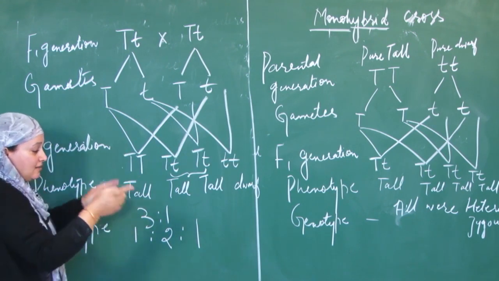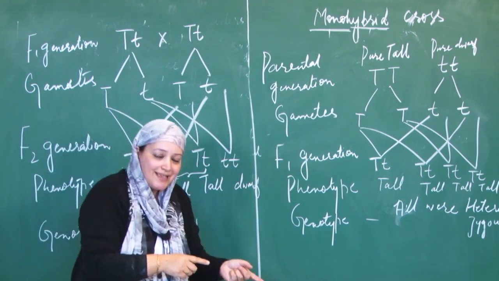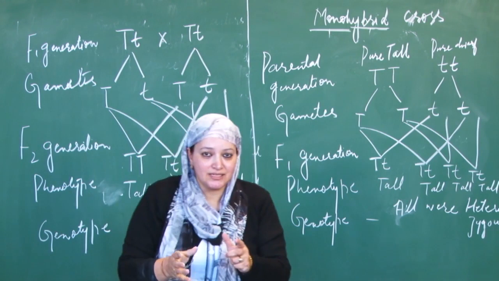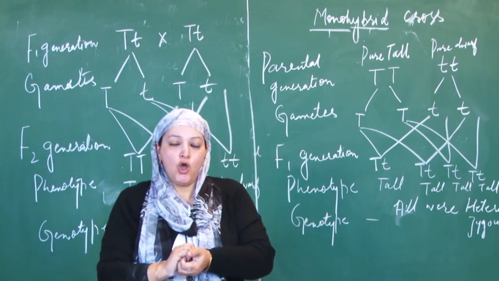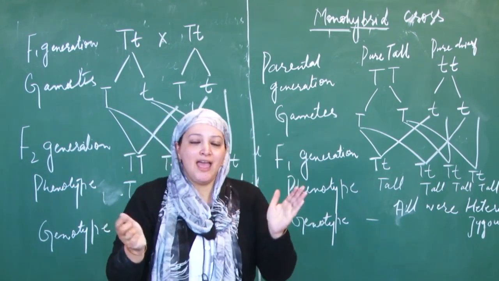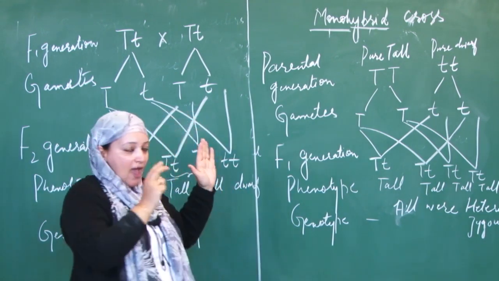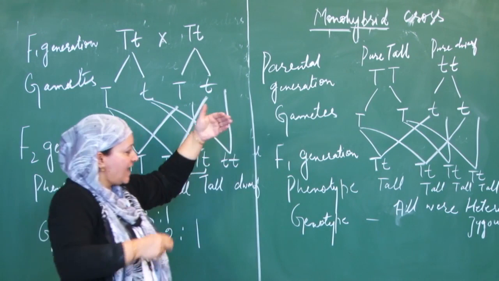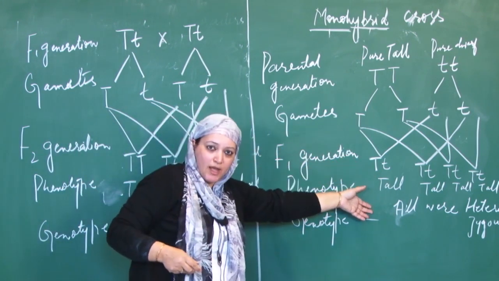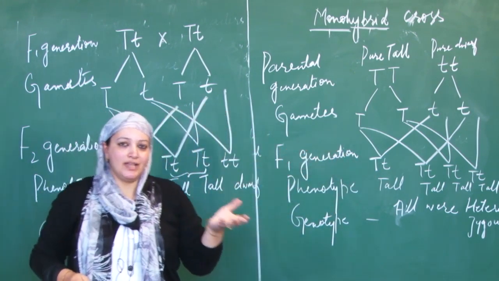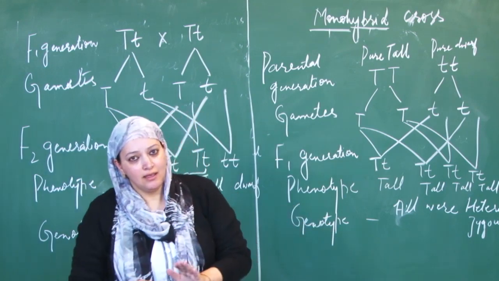This means the character for tallness and the character for dwarfness have not mixed together, and have not created any other character. They are there as they are, but the one which expressed itself is the dominant one, and the one which was not able to express itself is the recessive one.